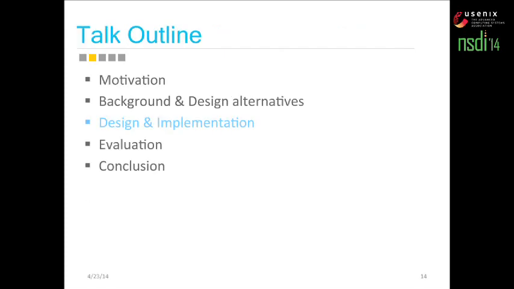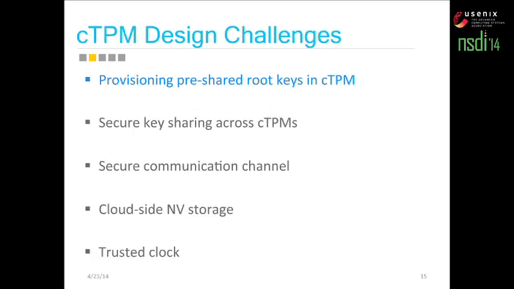After briefly talking about why secure execution mode is not favorable as a design alternative, let me introduce cTPM design and implementation details. In this work, we will mainly address these 5 design challenges. First, what are these root keys shared with the cloud, and how do we provision them?